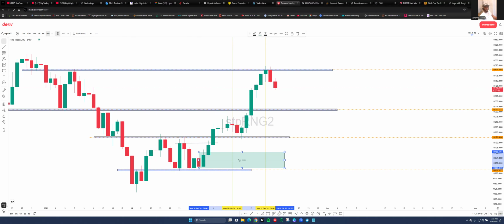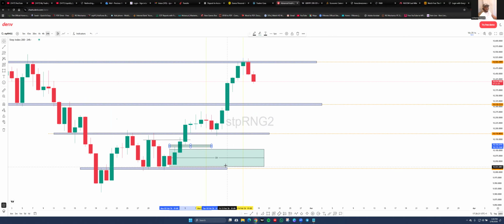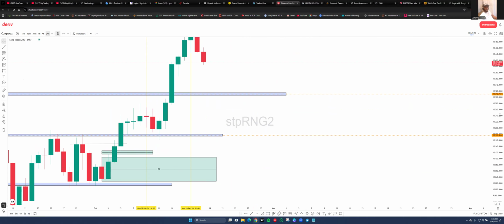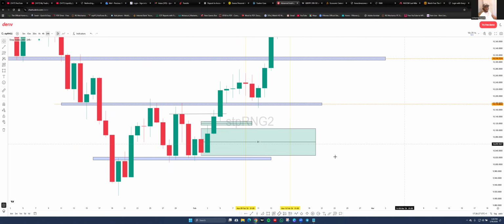I'll put it daily. Do you want to map it out? Like here we have a little, I think I should zoom in. Yeah, it's just a little fair value gap.